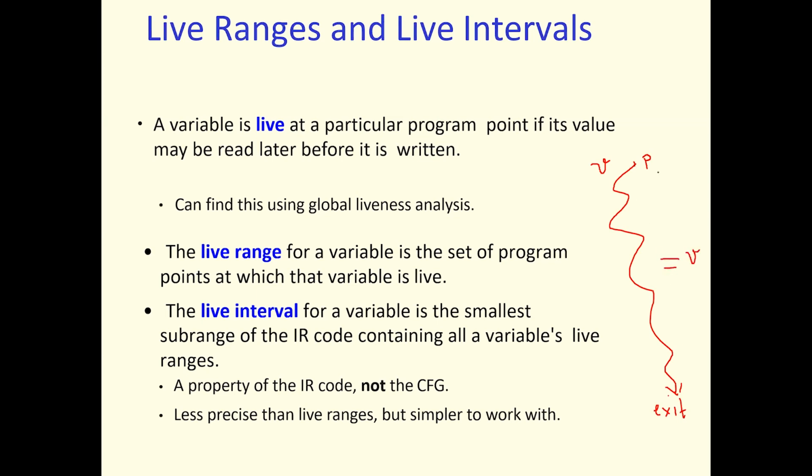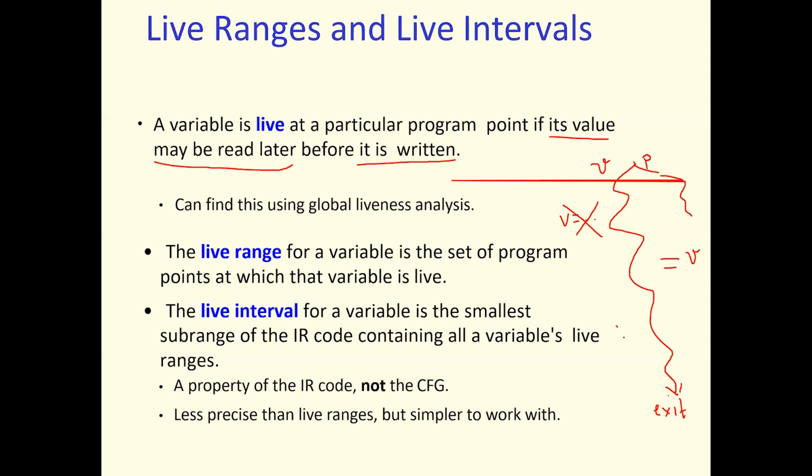There can be multiple paths, but as long as I am doing it on one path, that is good enough. Now we also have to make sure that the value used here is the value we are seeing here. So there should not be any assignment to the variable in between. That's why it says if its value may be read later before it is written.